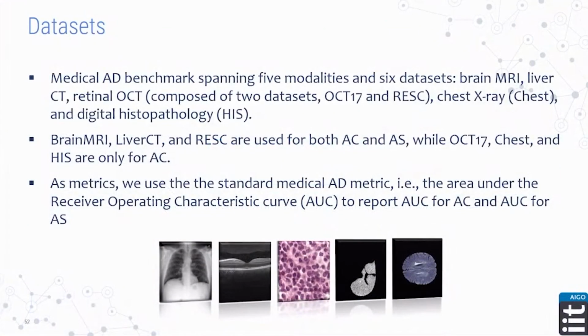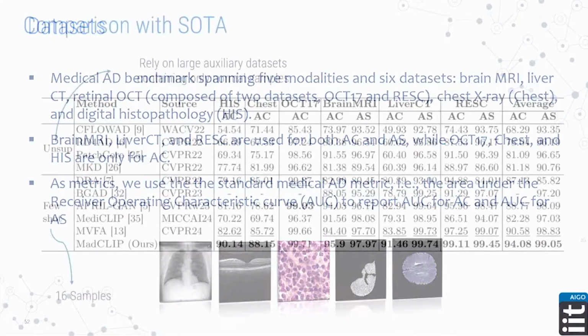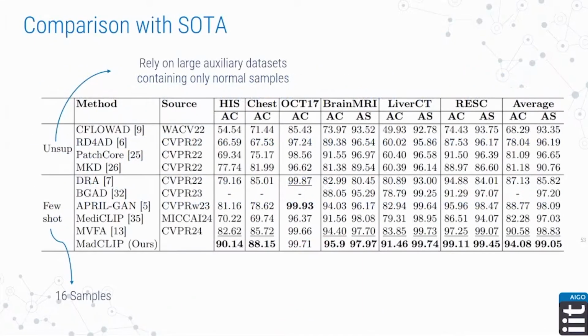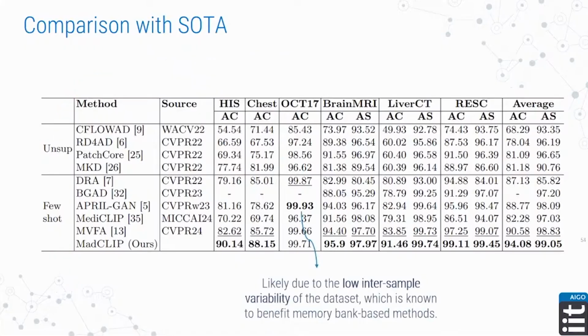We used, first of all, a dataset with five modalities: X-ray, OCT, histopathological images, MRI for the brain, and liver CT. And the results are in a supervised case here, and the few-shot, which are the better. Our work is this one in the bottom.